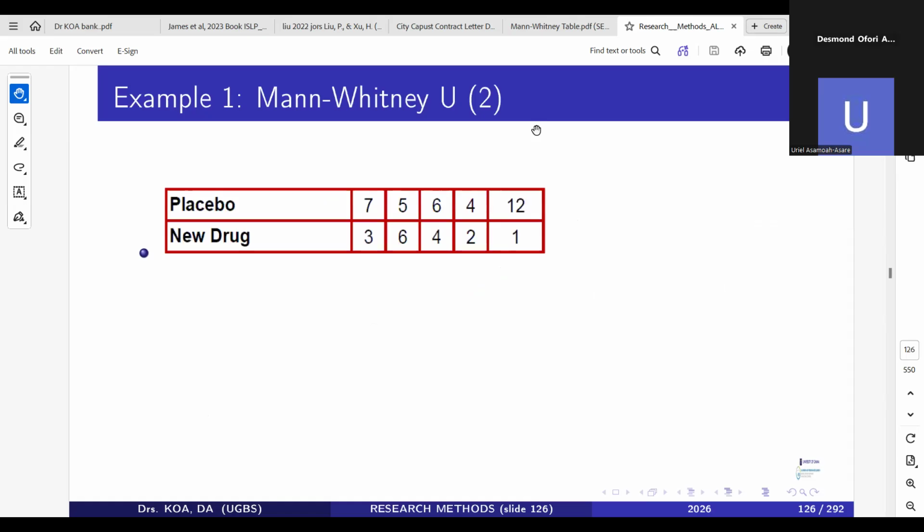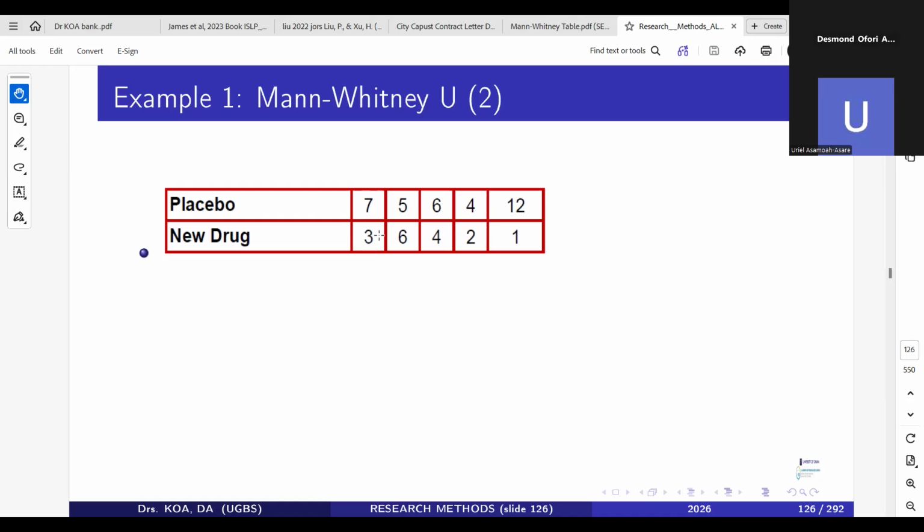The number of episodes of shortness of breath for those that took the placebo. You can see that the first person who took the placebo had 7 episodes of shortness of breath. The first person who took the new drug had 3 episodes.